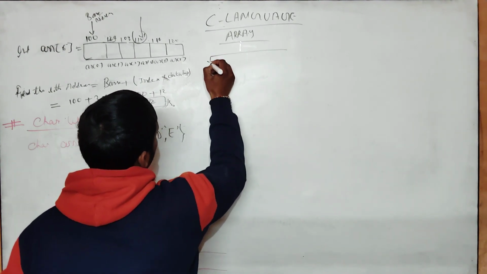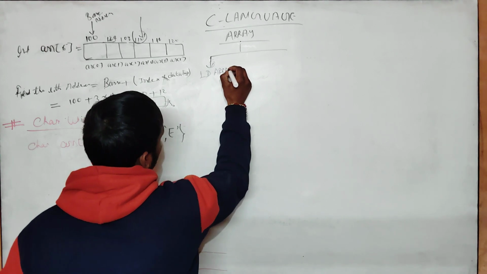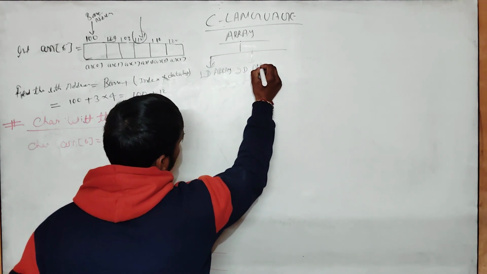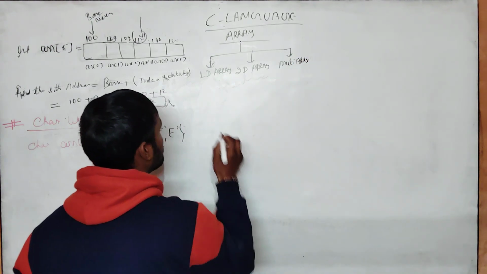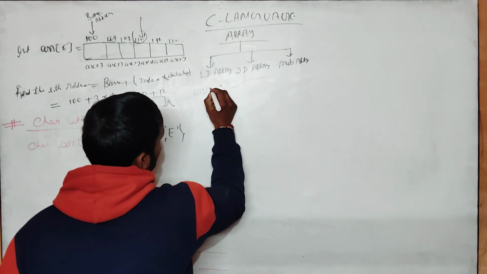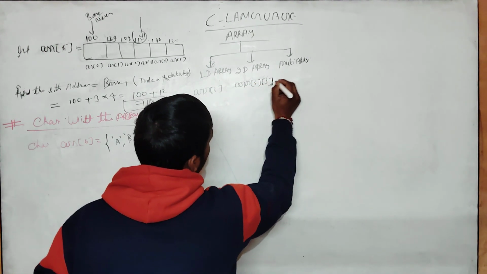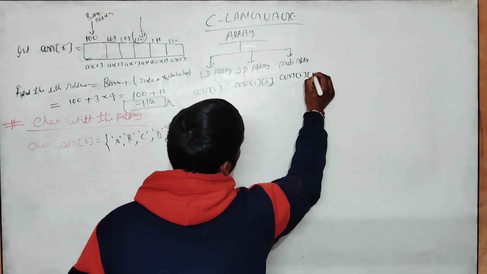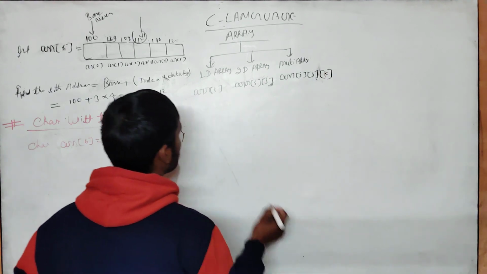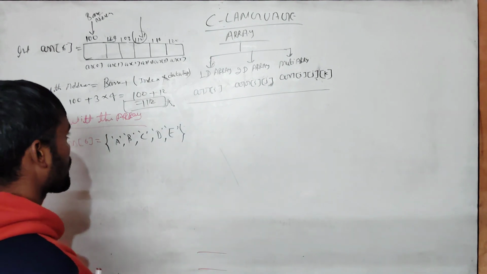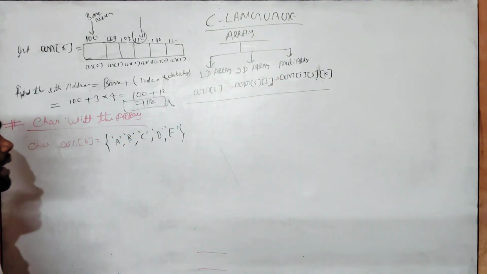A 1D array is represented this way with I. A 2D array is represented with I, J. And a multi-dimensional array is represented with I, J, K. This is the example of a 1D array, a 2D array, and a 3D array. It is a way to represent the 1D and 2D arrays.